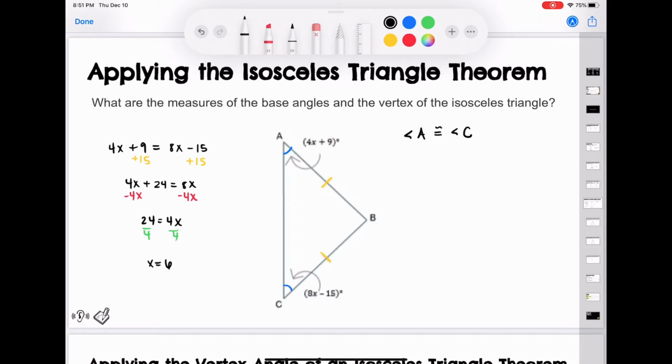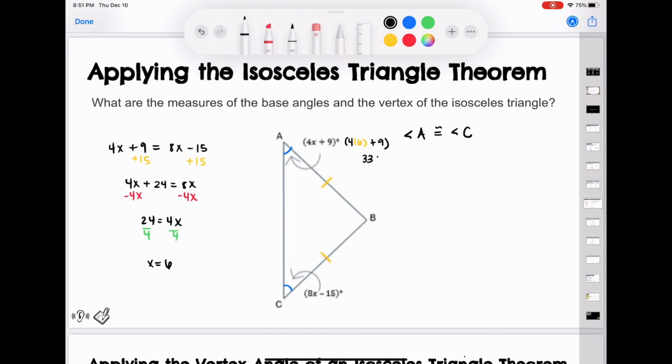Now I can go ahead and plug this in. Because I know my two base angles are congruent, I can plug it into either. So I'll do 4 times 6 plus 9, 24 plus 9 gives me 33.